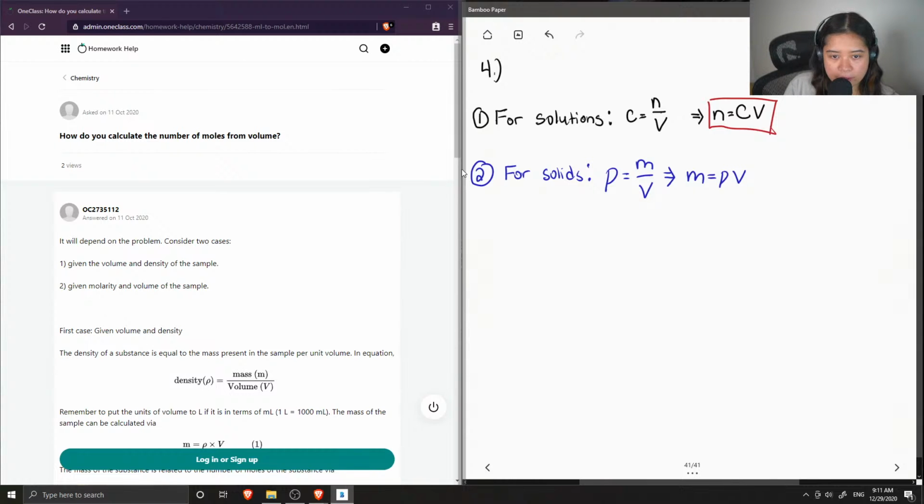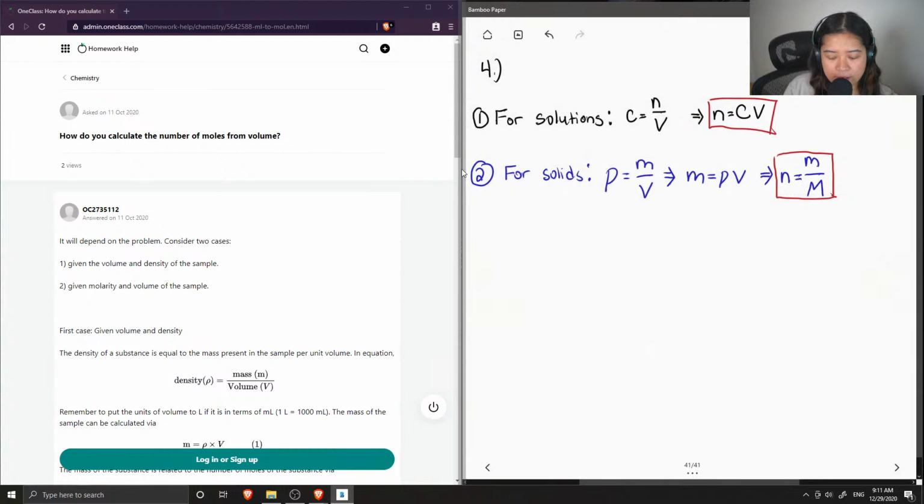And once we're given mass, then we can solve for number of moles, because number of moles is equal to the mass over the molar mass of the substance. So this is another option. It's 2 steps. It's another way you can find number of moles.